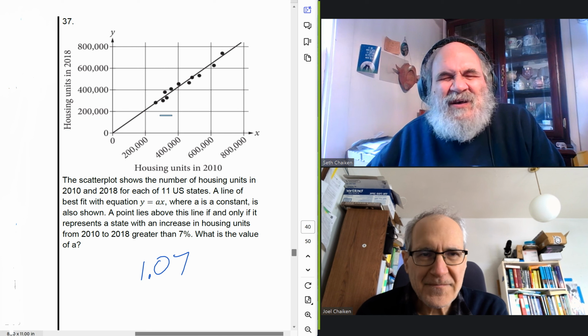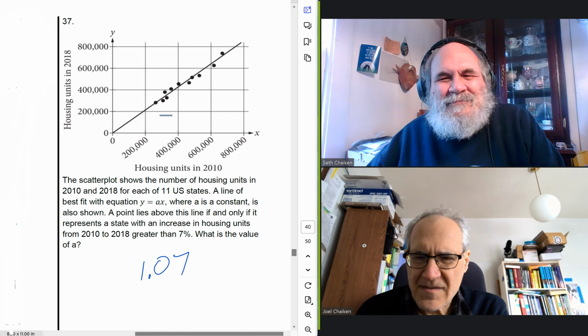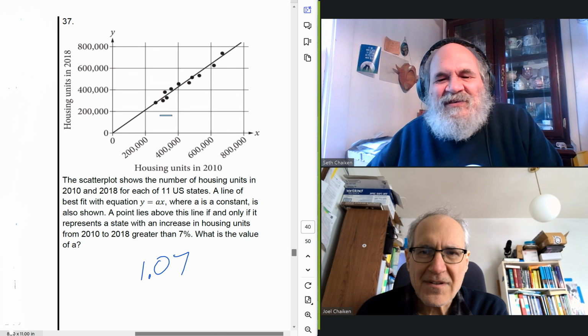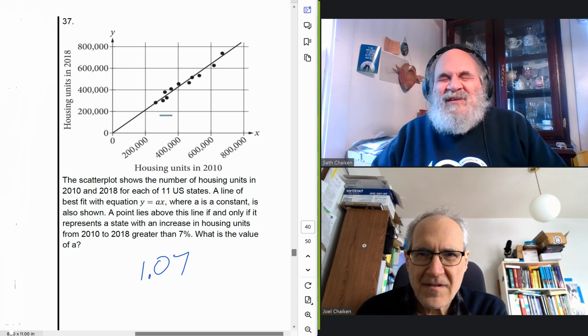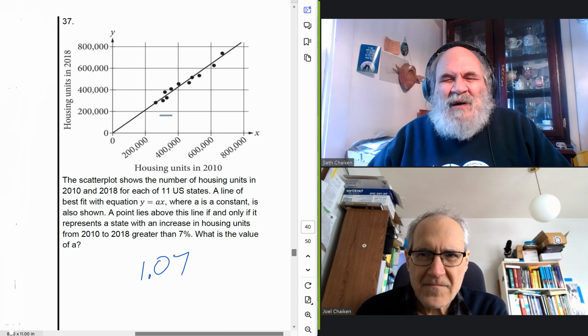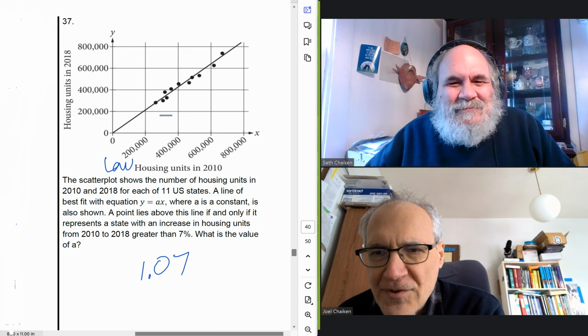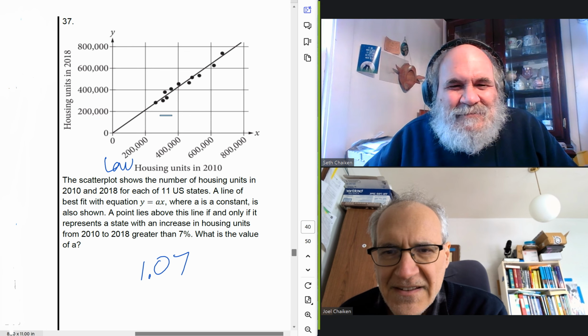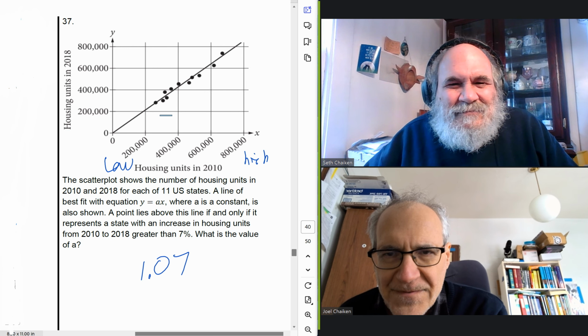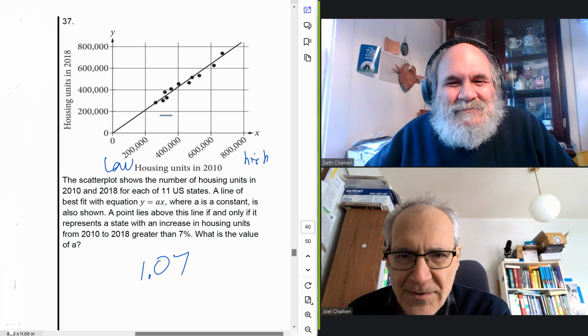That rate does not depend upon the city. The cities have different numbers of housing units, but if this is a fairly low number of housing units and this is a fairly high number, the 7% holds for both the lows and the highs.